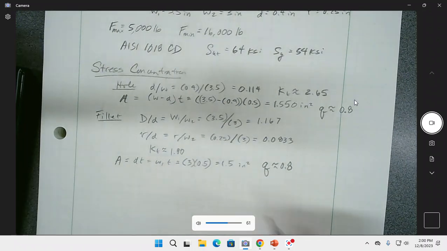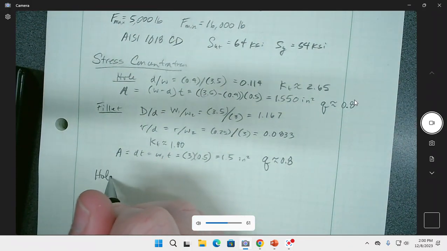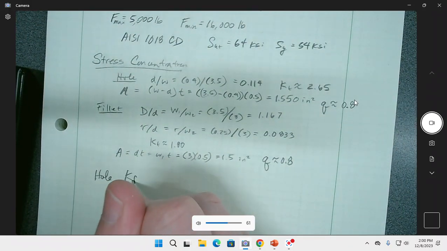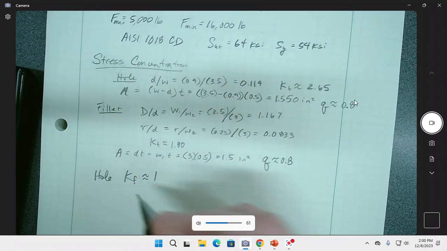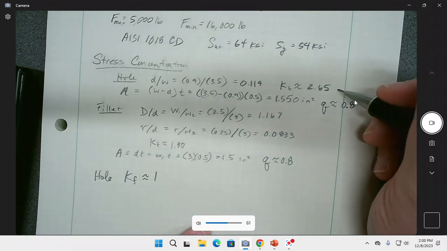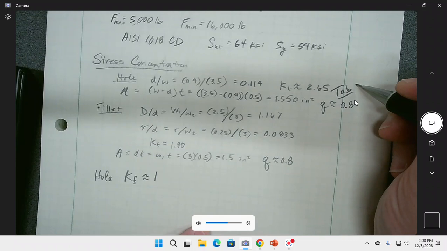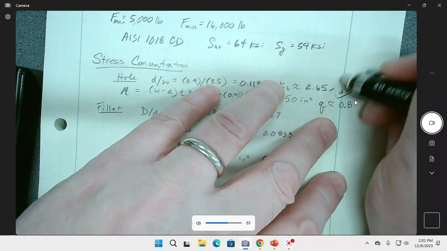Solution. So, I need to rewrite this out. For the hole, KF is... what table number is Q again? It's in table 6-26. Thank you. Or figure, yeah. I'm not trying to correct you.